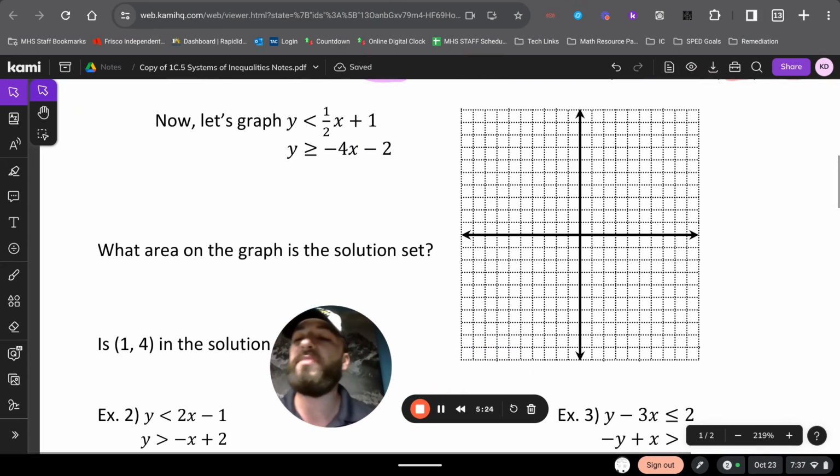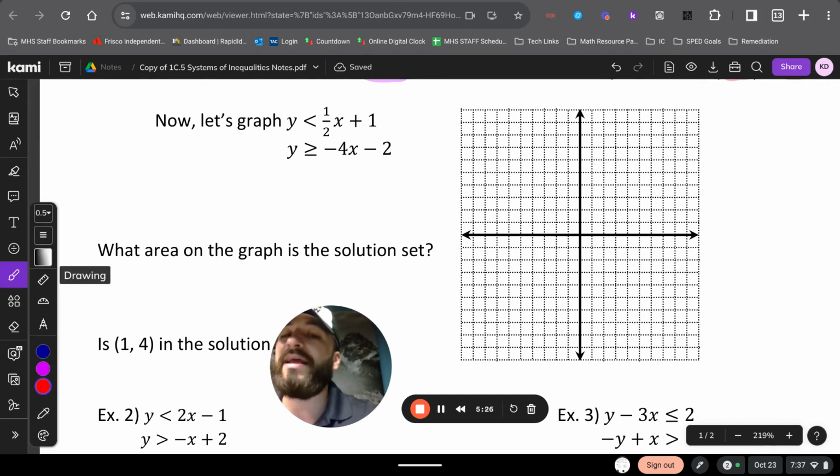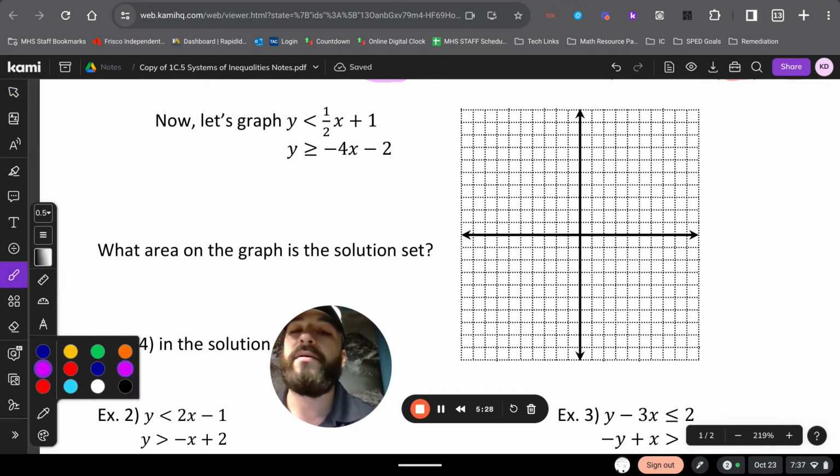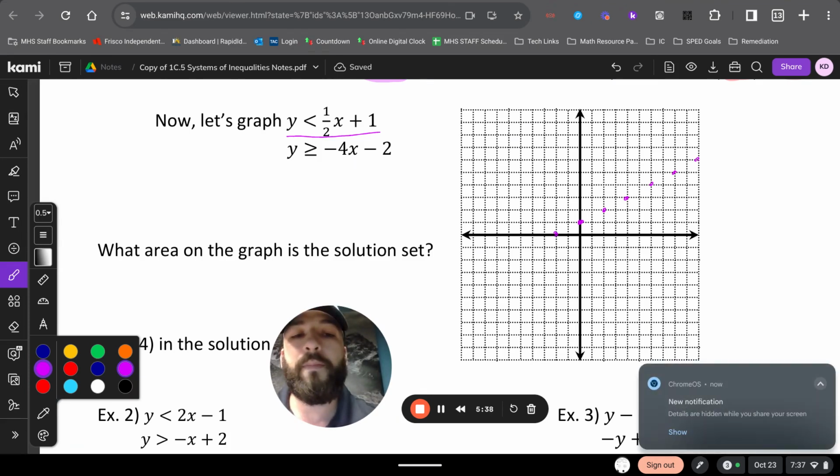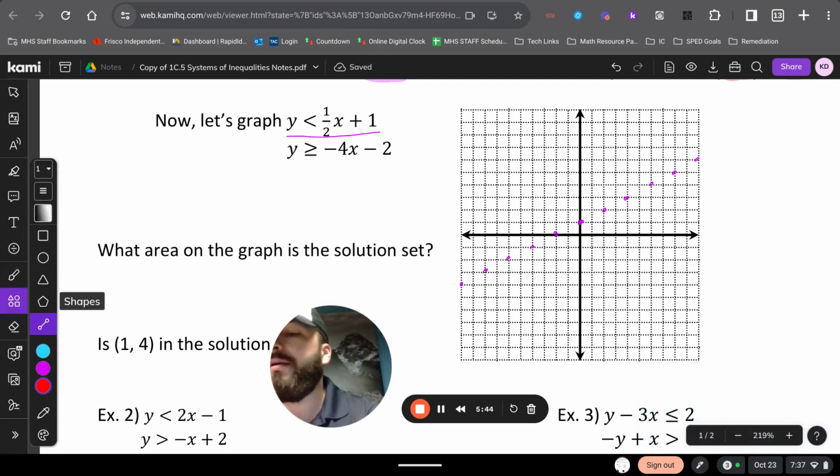So just like we did before, y is less than 1/2 x, y-intercept of 1, and then a slope of 1/2. Which, of course, gives me my dotted line again for that less than sign.